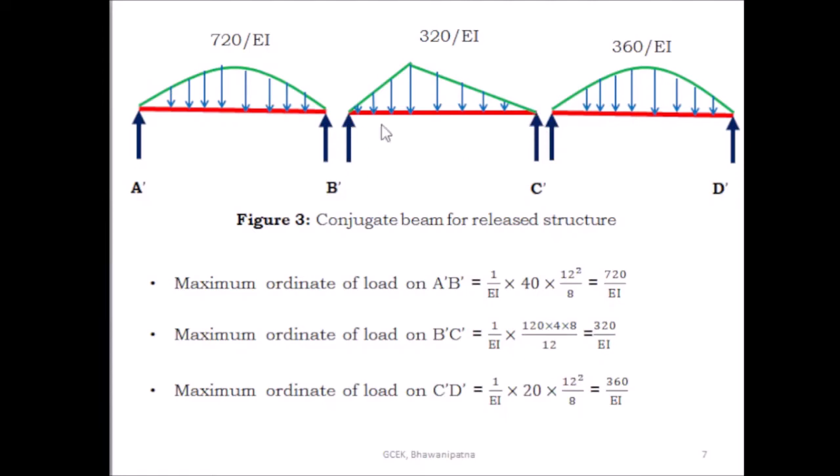So RB dash into 12 is equal to what is this area, half into base into height, half into 12 into 320 by EI. And what is the centroidal distance of this area from this end? So what is the total length? 12 plus 8, 12 plus 8 by 3. This is the centroidal distance of the eccentric triangle.